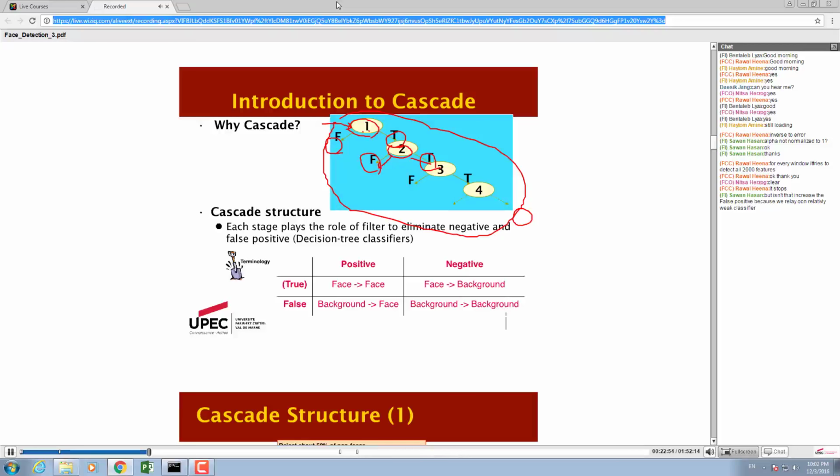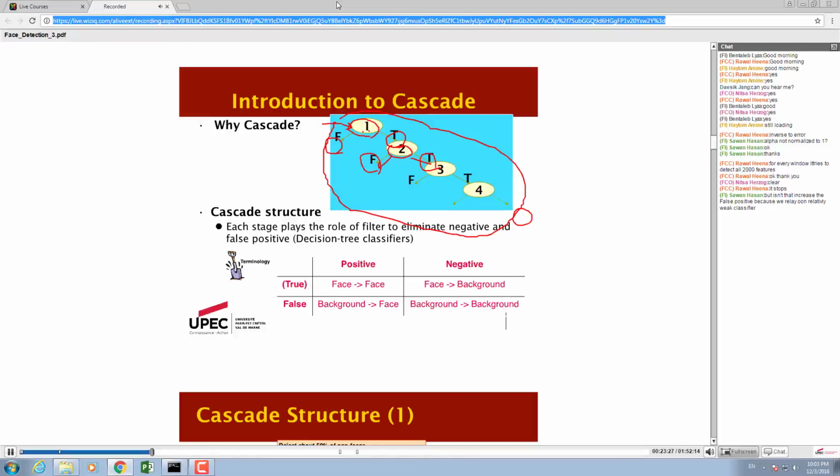That's why we are doing a cascade. We didn't study yet how we construct the stage. By the way, we are designing every stage in this way: every stage can have a relatively large false positive rate, as you said, right? But the true positive rate should be very high.